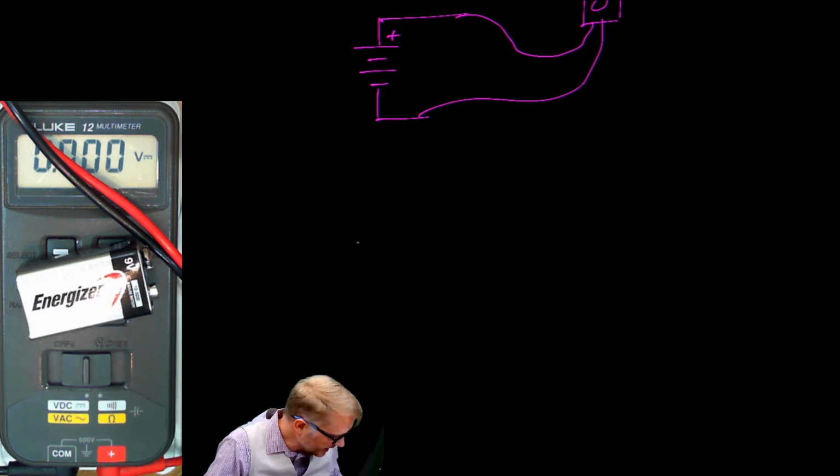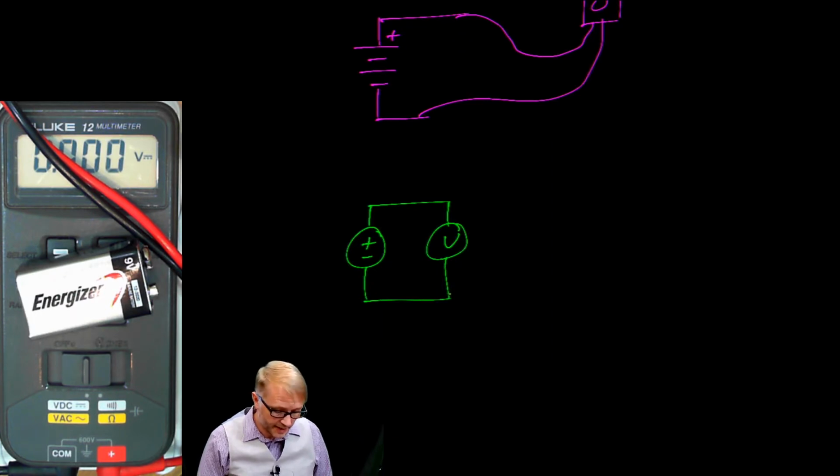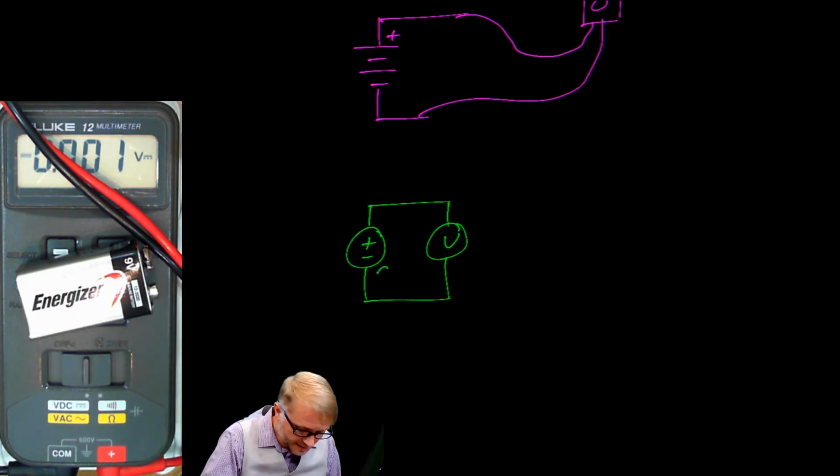If you wanted to look at that a different way, you could say this was our original connection. Here we're drawing the battery as a circle with a plus and minus. We call that 9 volts. And this circle with a V in it is our voltmeter.